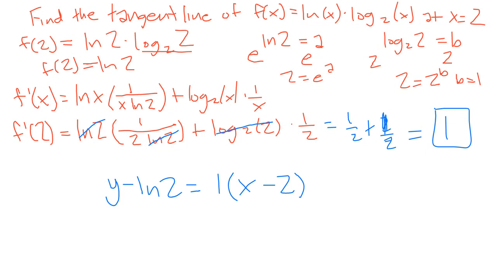So we can bring this out and say that we have y equals, 1 times x is just x, 1 times negative 2 is a minus 2, and we bring over our natural log of 2, and that is our final tangent line.